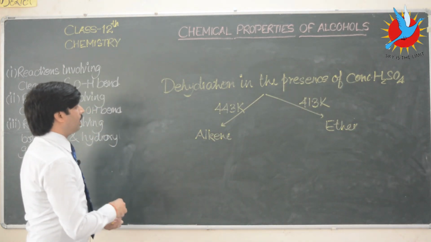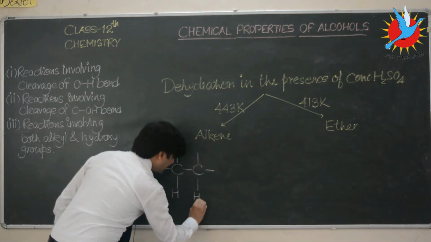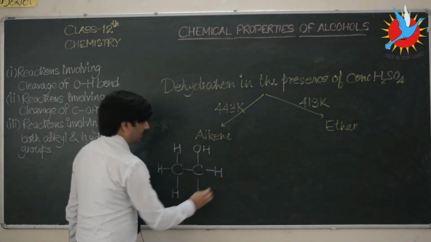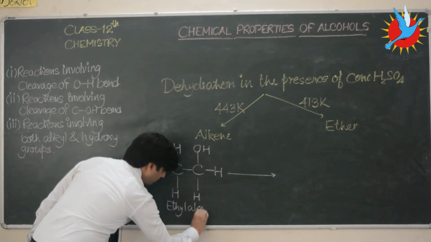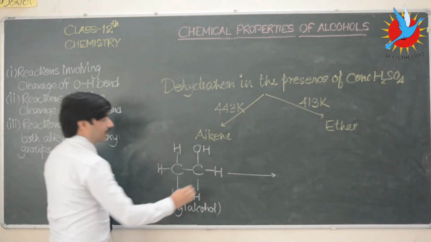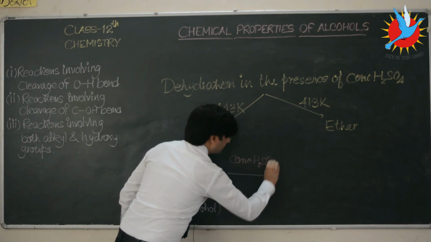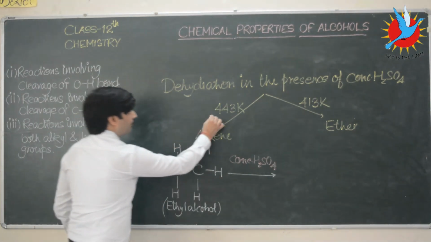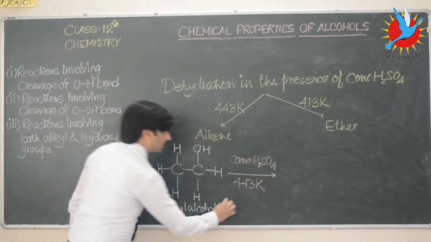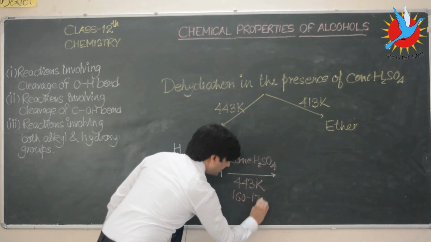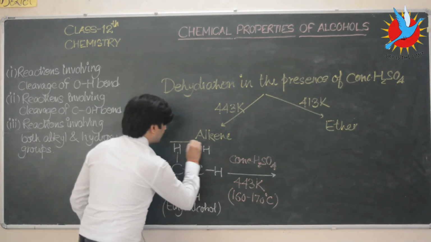So let's take the example of ethyl alcohol, CH3CH2OH. Ethyl alcohol upon dehydration in the presence of concentrated H2SO4 at a temperature of 443 Kelvin, which is near about 160 to 170 degrees Celsius, gets dehydrated.